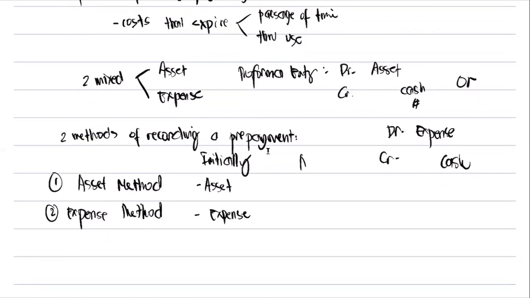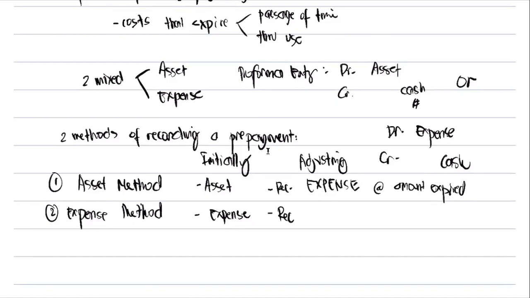And then on your adjusting, if initially you use your asset method, your adjusting is you should recognize an expense at amount expired. If initially you recorded it as an expense, on your adjusting, you recognize an asset at amount unexpired.